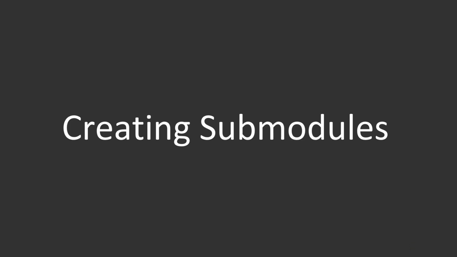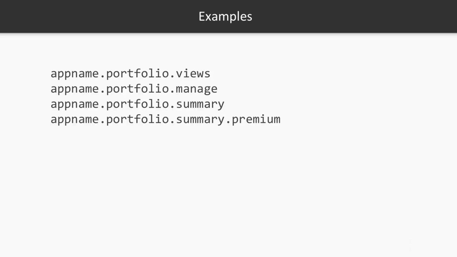Creating submodules. So when you have, let's say, a package named portfolio, and it grows big over time, and in our case, it can potentially be pretty big. So when there are lots of different parts of the system from that specific package, and let's say sub-functionality confined, then it starts making sense to create new submodules.